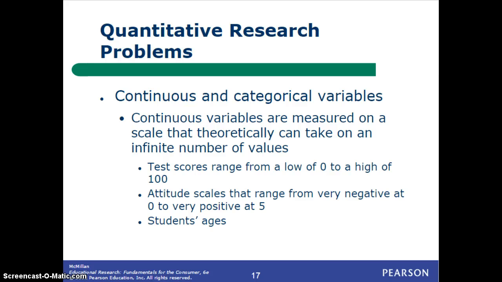With continuous and categorical variables, something to keep in mind is that scales are generally sequential, rising from low to high in whole numbers. And so those become continuous. Categorical variables are those things that represent categories.